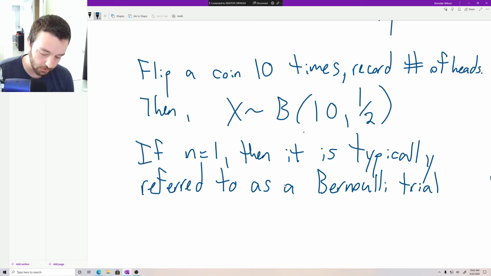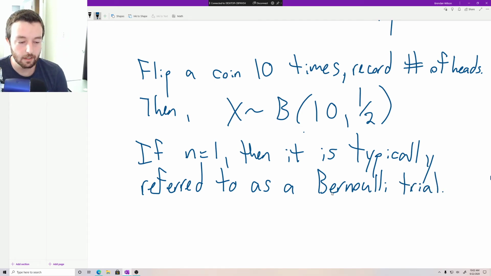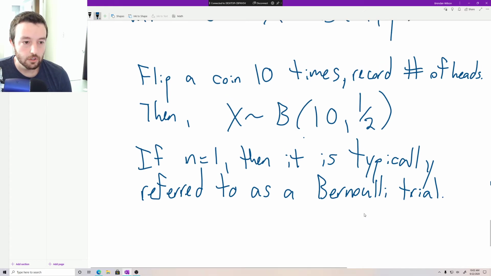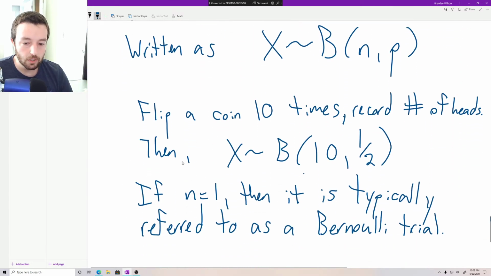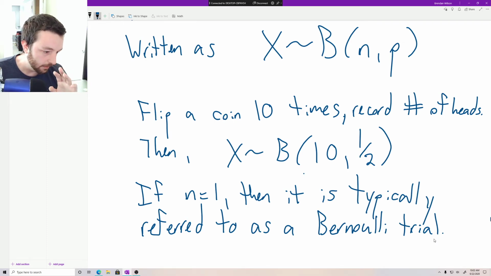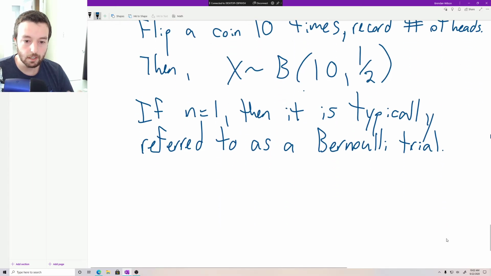I'll just write trial because that's what the book writes. So we have our binomial distribution where we do something n times and there's only 2 outcomes. If we only do it once, it's typically called a Bernoulli trial, named after a few Bernoullis. There was a family of mathematicians that all had different contributions to math and physics and chemistry. So you see their name come up a lot in different contexts.